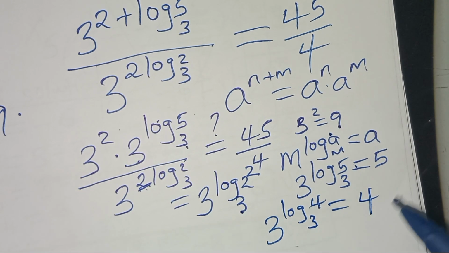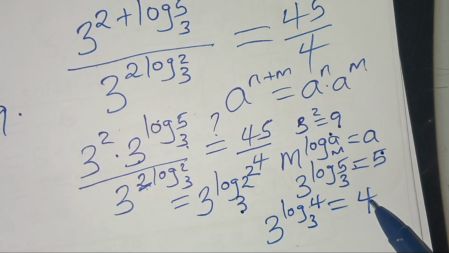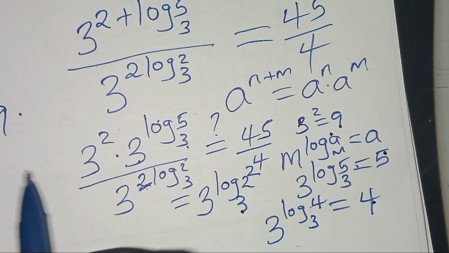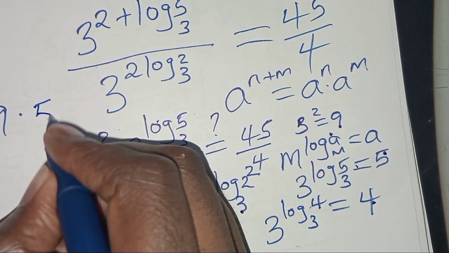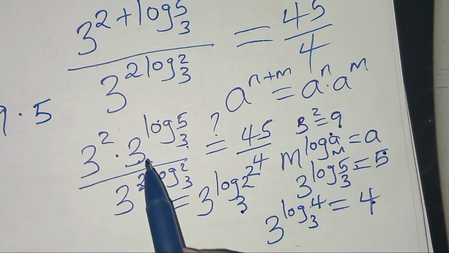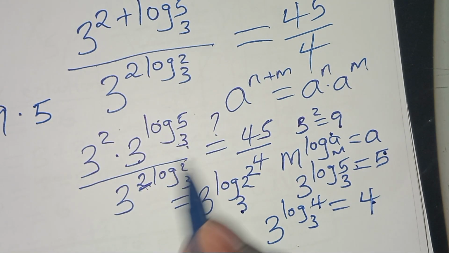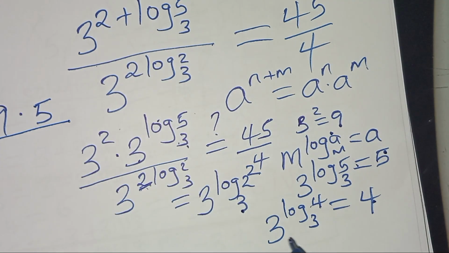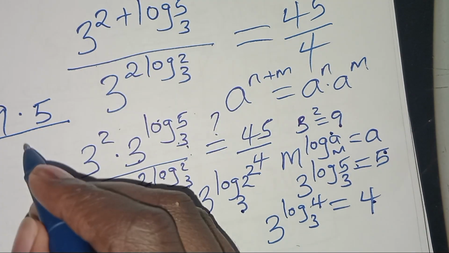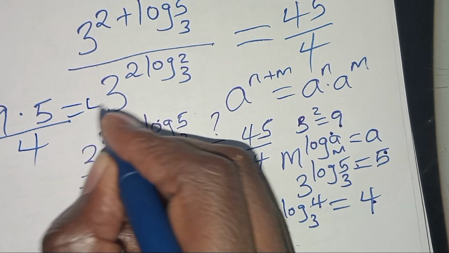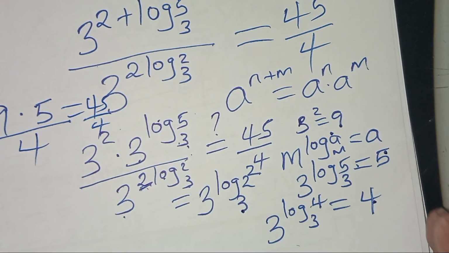Now let's substitute 5 and 4 back into the equation so that we'll have 9 times 5, 3 raised to the power log 5 to base 3, which is the same thing as 5, divided by 3 raised to the power log 2 squared to base 3, which is actually equal to 4. So this is supposed to give us a value of 45 divided by 4.